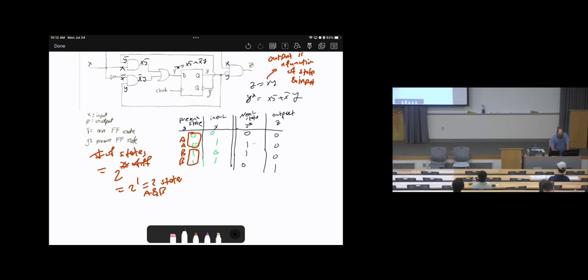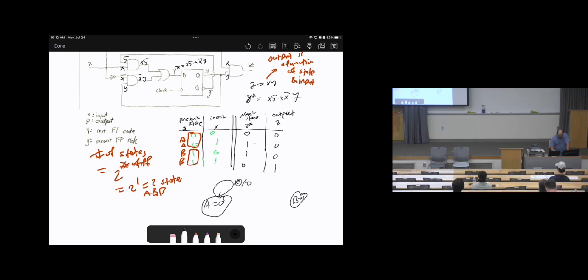Again, we said that 0, 1 are state A or state B. So we can say A, or in other words 0, here. Here is state B, or in other words 1, in this bubble. Then we can follow. If the input X is 0 at state A, we will remain at 0 and the output Z is 0.